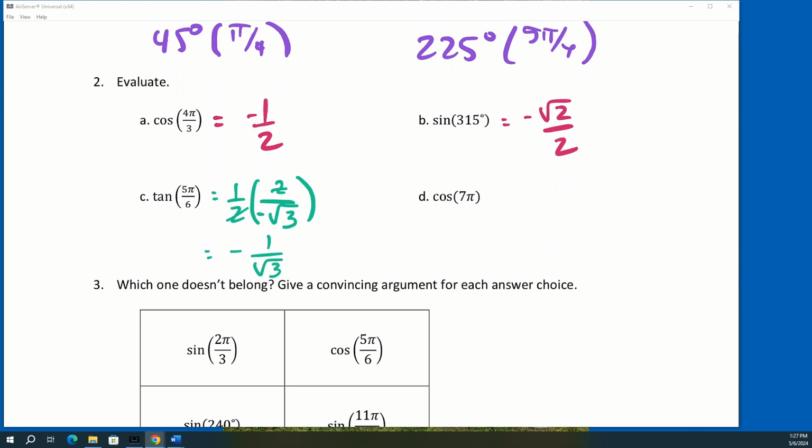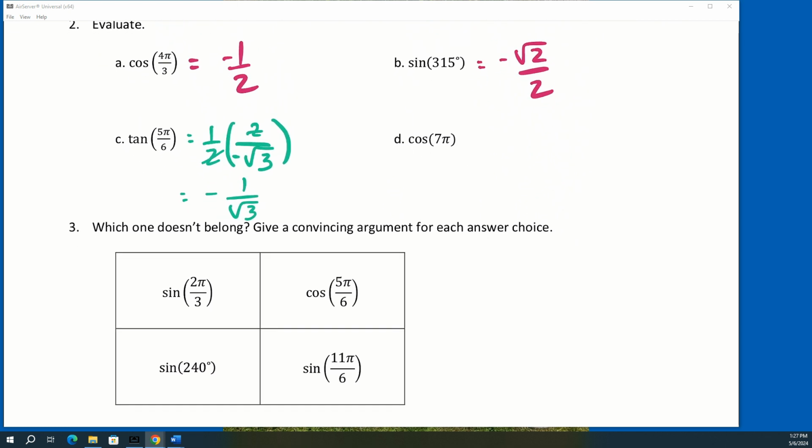All right, and then 7 pi. Is 7 pi on your unit circle? No. You go around a bunch of times to get to 7 pi. If you get something that's too big for your unit circle, and it's in radians, you subtract 2 pi from it. And you get 5 pi. Is that on the unit circle?